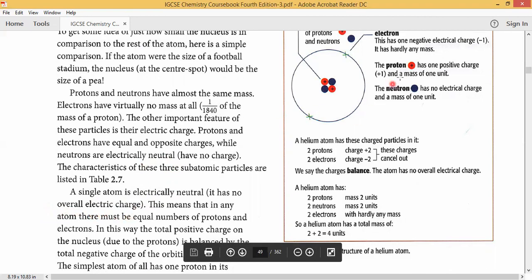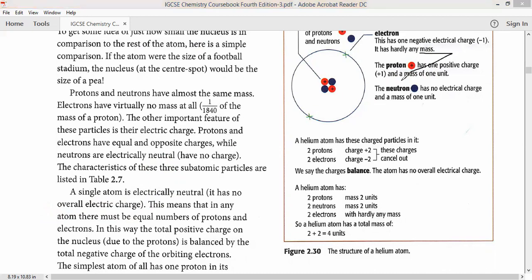Now, it has positive charge because it has protons, and it has negative charge because it has electrons. So you have positive charge over here, and you have a negatively charged species over here. But what we do is sum them up in order to get our charges.